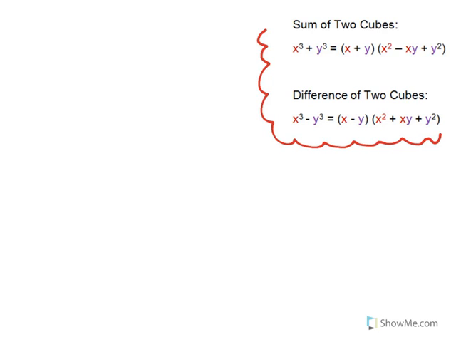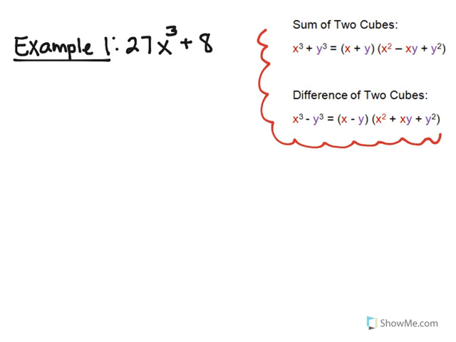Notice that here, where it says x cubed, that's not what this x here represents. This x represents the number that is going to be cubed to get that original number. The same thing goes for the y. Now, the best way I can think of to show you this is through an example, so let me get that set up. Okay, so here's our first example.